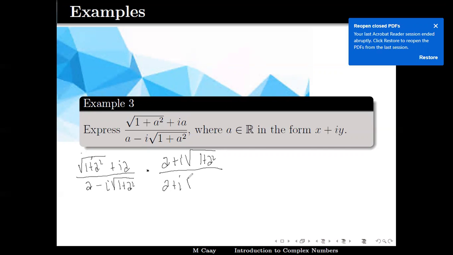The purpose of multiplying the same numerator and same denominator is that we're actually multiplying this by 1. You can't multiply the expression by any value except 1, because you'd be changing the expression itself. Now, why did I come up with this expression? Of course, I'm just getting the conjugate of the denominator. The conjugate of a minus i times the square root of this is a plus i times it.